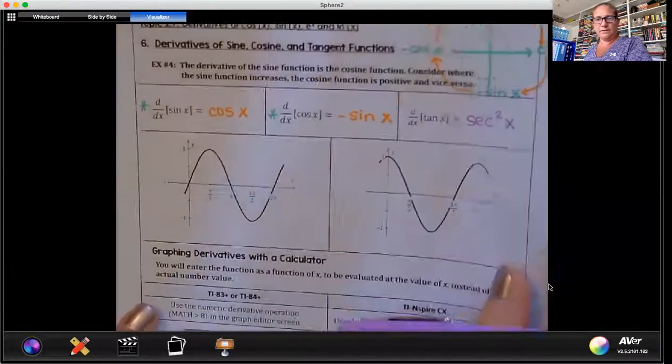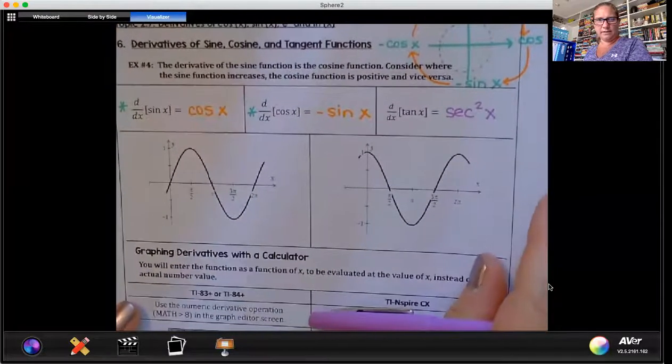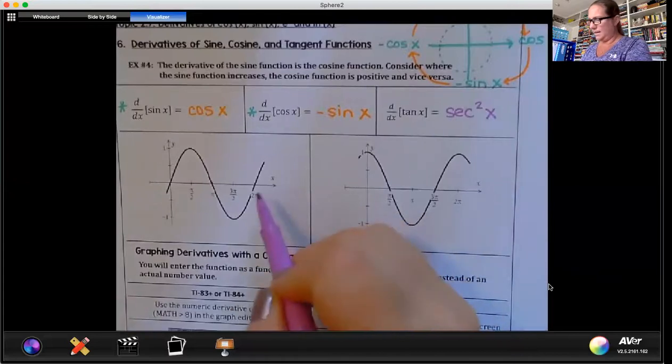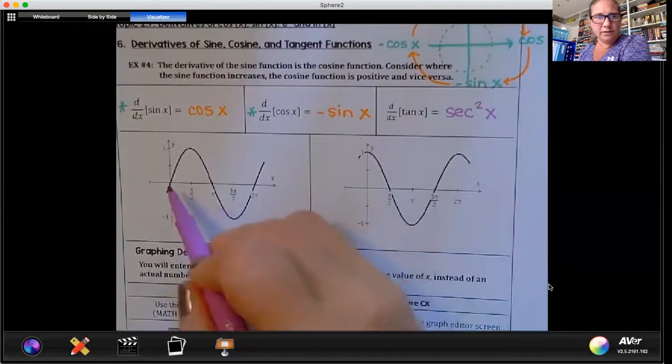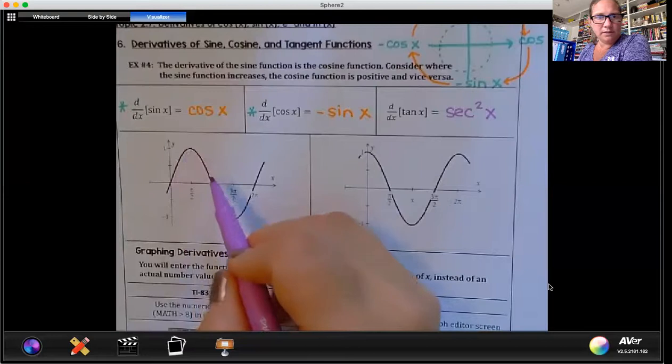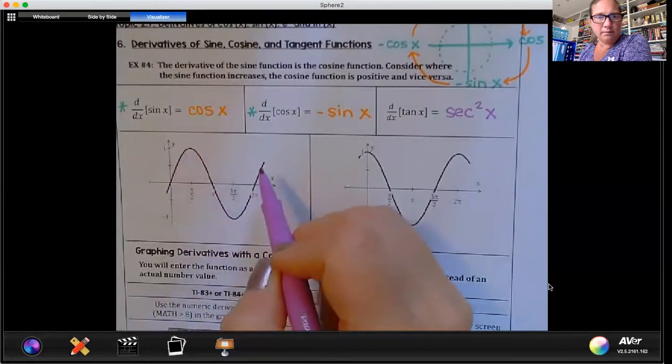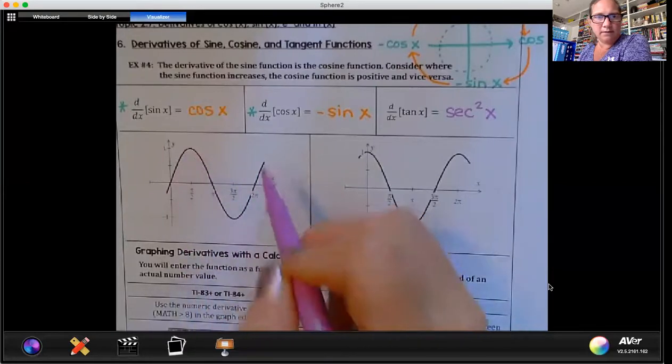Now we're going to look at these graphs and do a little analysis here. You should recognize that this is our sine function. It starts at 0, 0, it goes up to 1, then down, and then up. So up, down, up. That's our sine function.